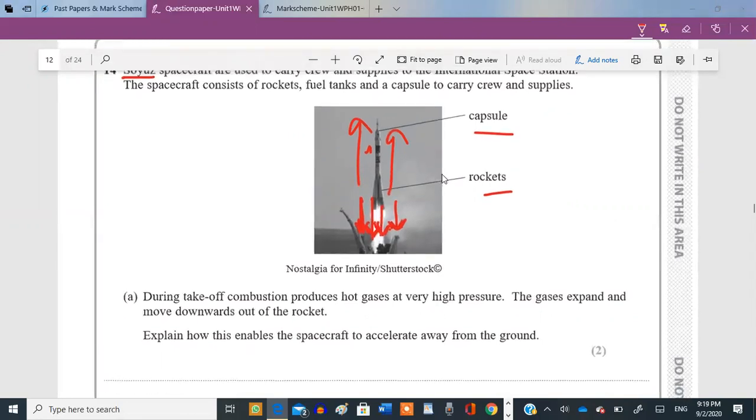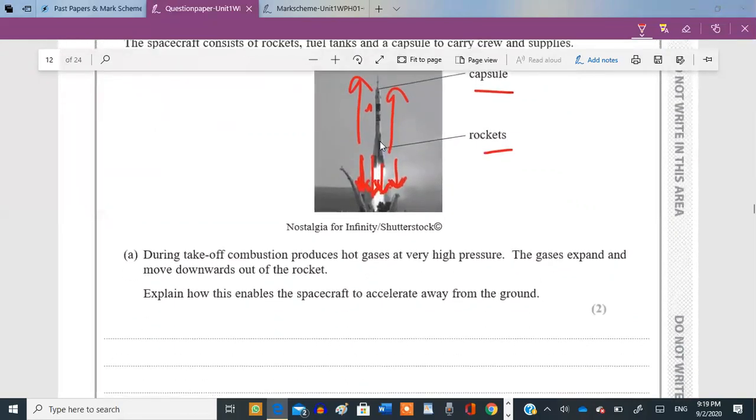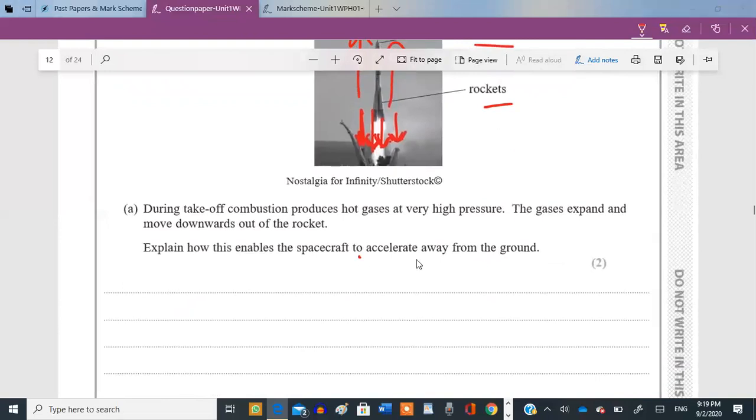And so they'll allow this spacecraft to accelerate upwards away from the ground because the gases are ejected in the direction of the ground. So they exert an upward force, and so there is now a resultant upward force, which results in the acceleration of the spacecraft. Okay, 2 marks.